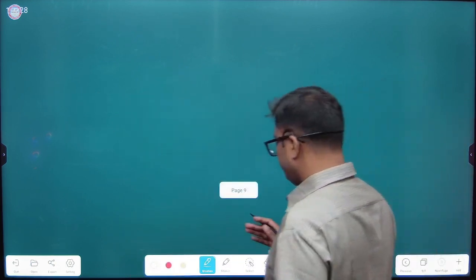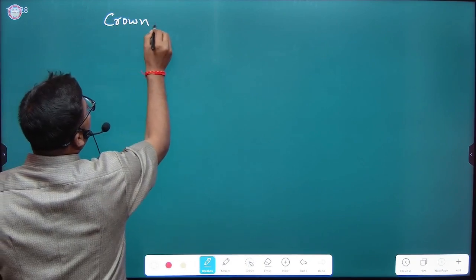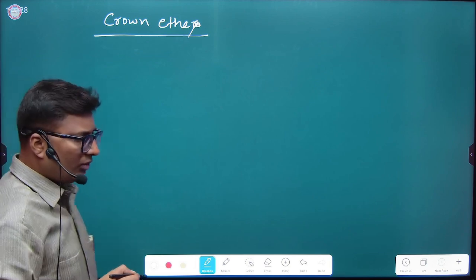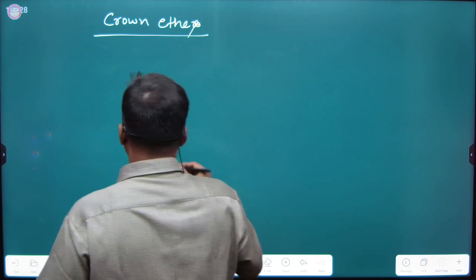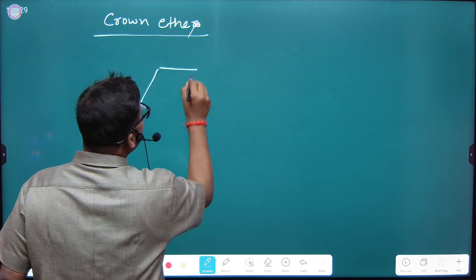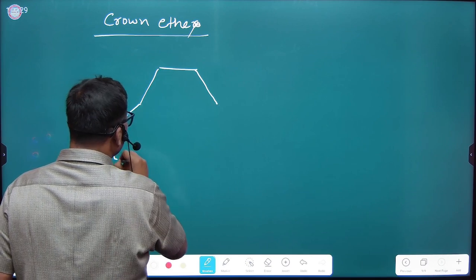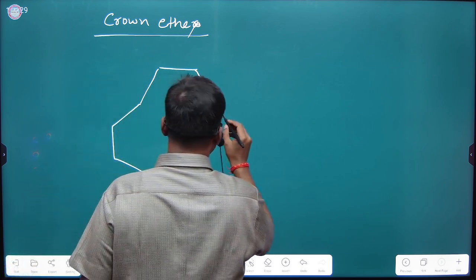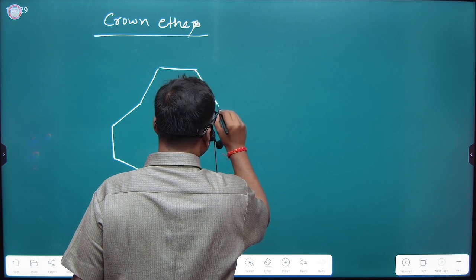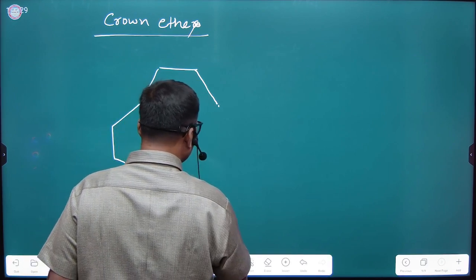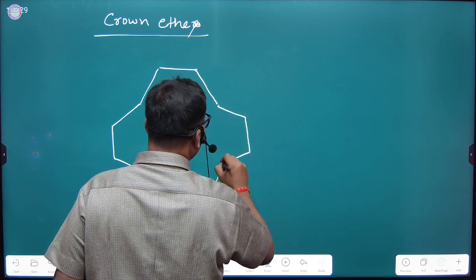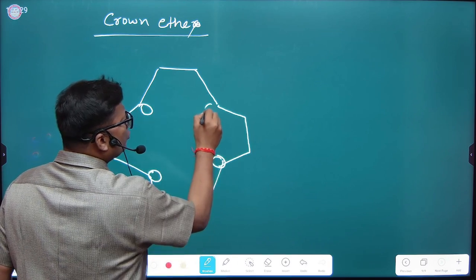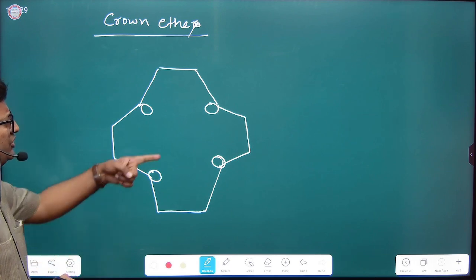This indicates an O atom, this an O atom, this also an O atom, an O atom, right? So suppose you see the structure of this ring.